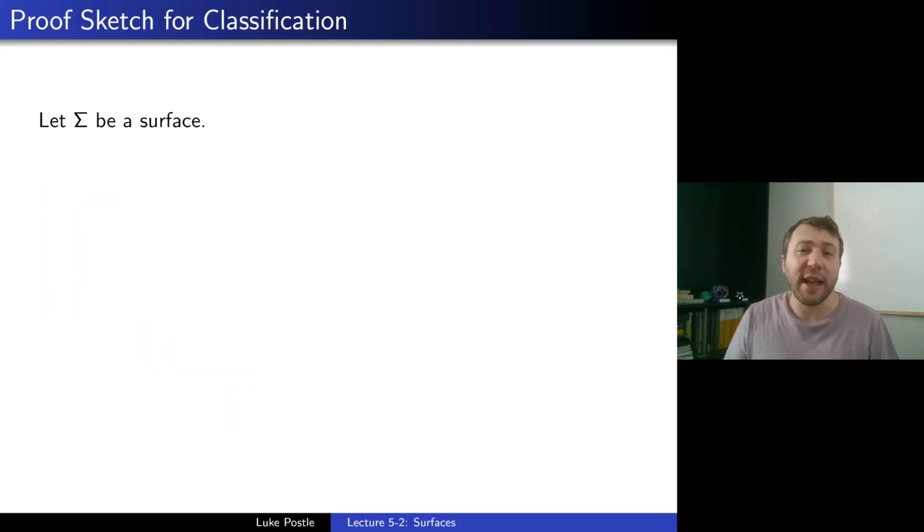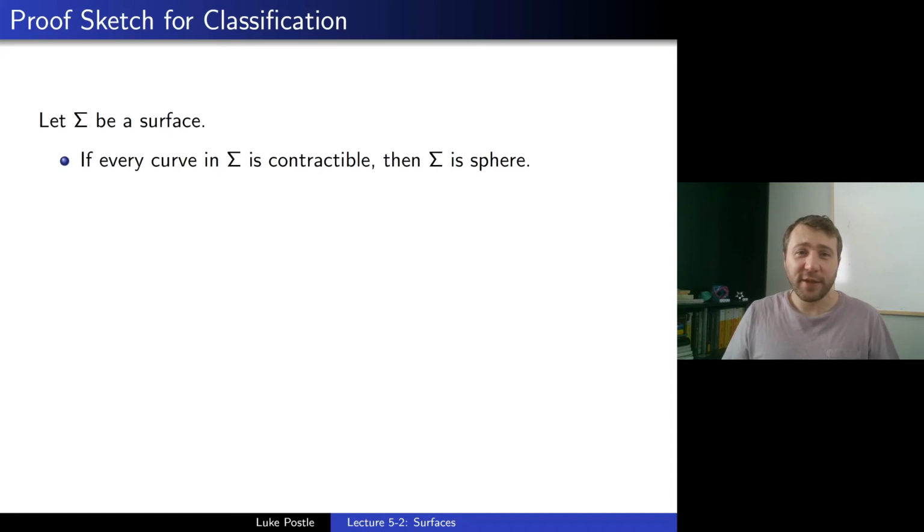So that's called cutting along a curve, and in that way we can actually reduce surfaces. So now I can sketch for you, with these ideas, a proof sketch for classification. Let sigma be a surface. Here's how you would prove the classification of surfaces theorem. You'd argue that if every curve in sigma is contractible, then sigma is actually the sphere. So if everything is always contractible, the only thing you can be is the sphere.